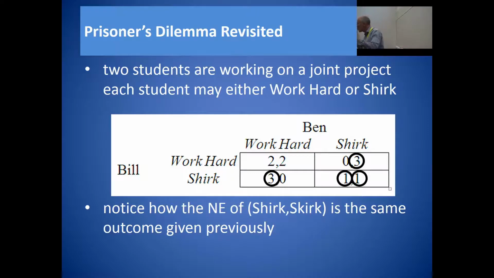But again, look at this outcome. This is what makes it a prisoner's dilemma. That single equilibrium outcome, a dominant strategy, but also the equilibrium outcome, where they both get a payoff of 1, is obviously inferior to that one there, where they both worked hard.